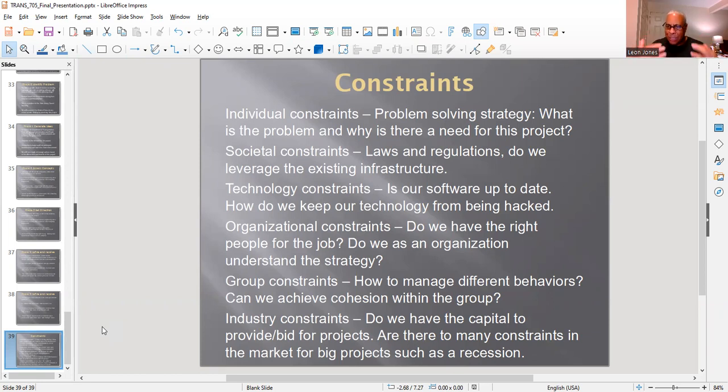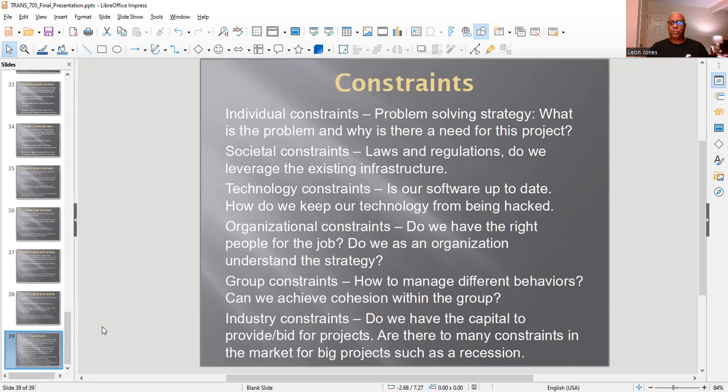Do we, inside an organization, understand the strategy? How do we compete? What kind of organizational structure do we have? Do we have a horizontal, a correction, do we have a vertical structure, or do we have a matrix structure?